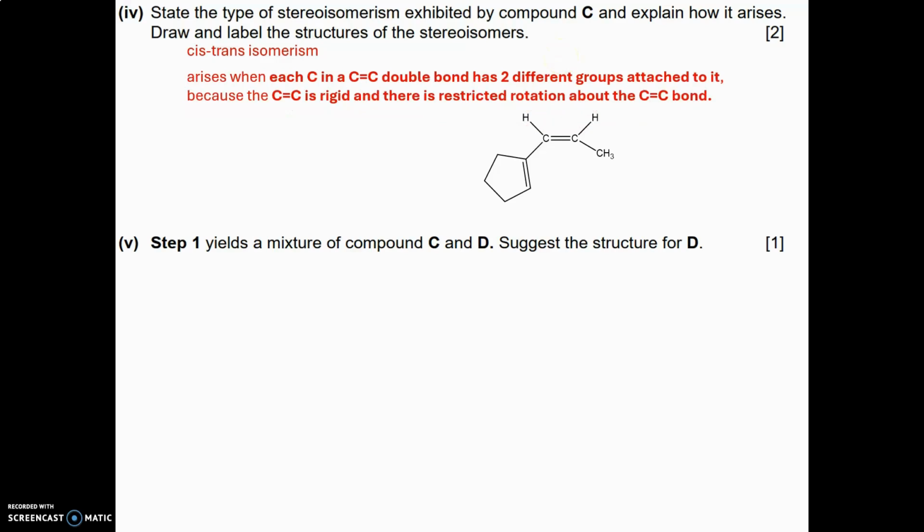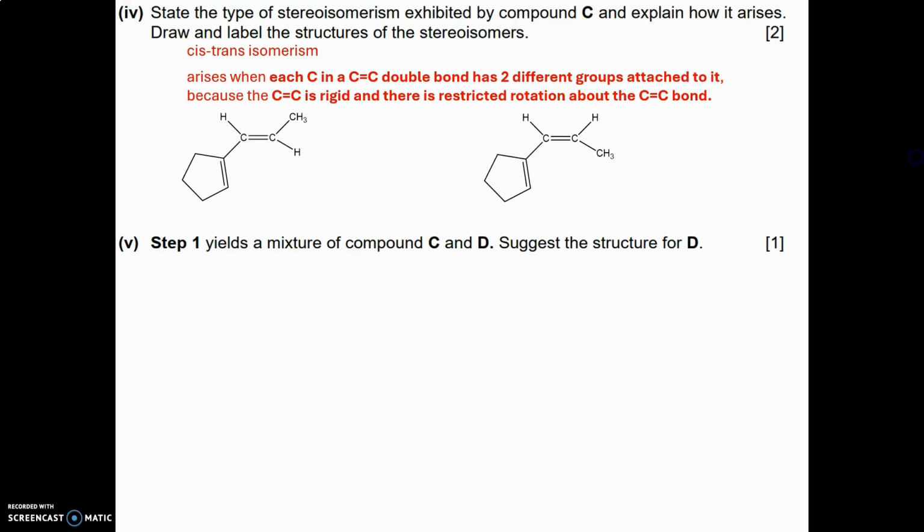So this arises because in the carbon-carbon double bond, each carbon has 2 different groups attached to it, and it arises because the carbon-carbon double bond is rigid. There is restricted rotation about the carbon-carbon double bond, which makes your cis and trans actually distinct compounds.